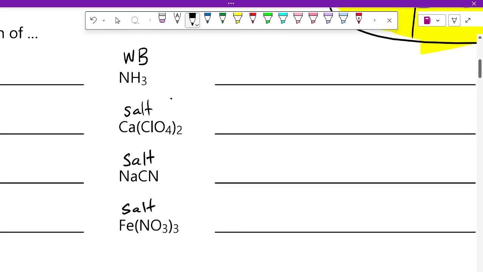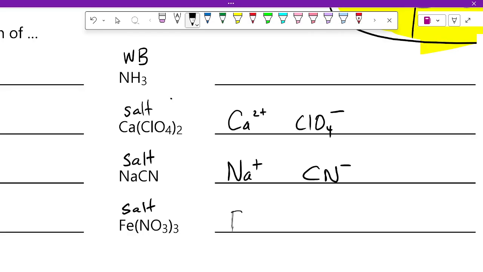So let's separate our two ions here. We have Ca2+ and ClO4-. Here we have Na+ and CN-. And we have Fe3+ and NO3-. Does calcium hydrolyze?